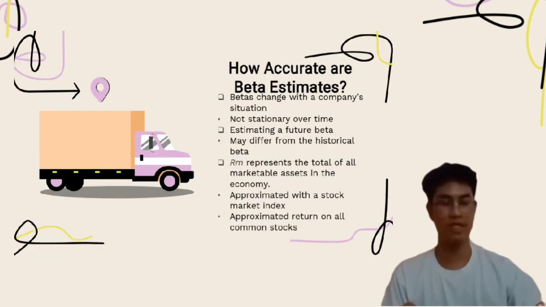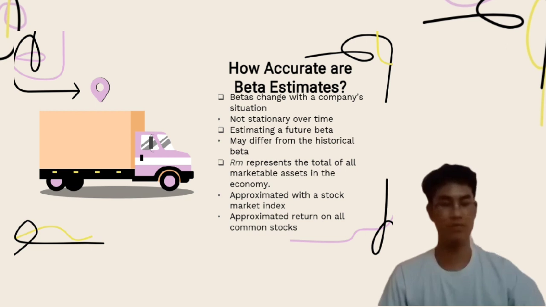So, how accurate are beta estimates? Beta changes with company situation. It is not stationary over time and it means that it is always moving or changing rather than staying. And sa pag-estimate naman ng future beta, pwedeng maiba yung future beta kumpara sa historical beta.